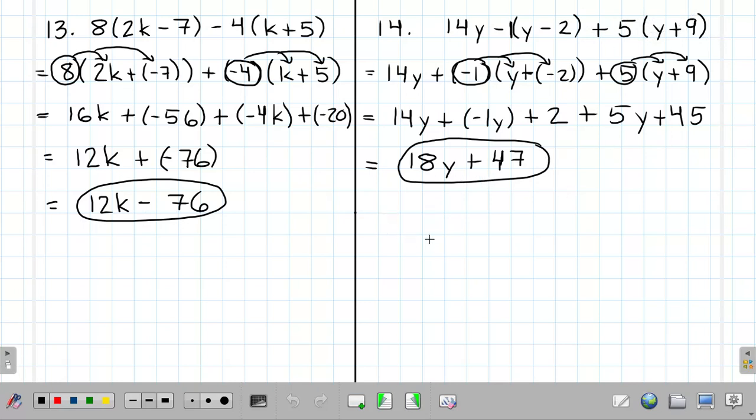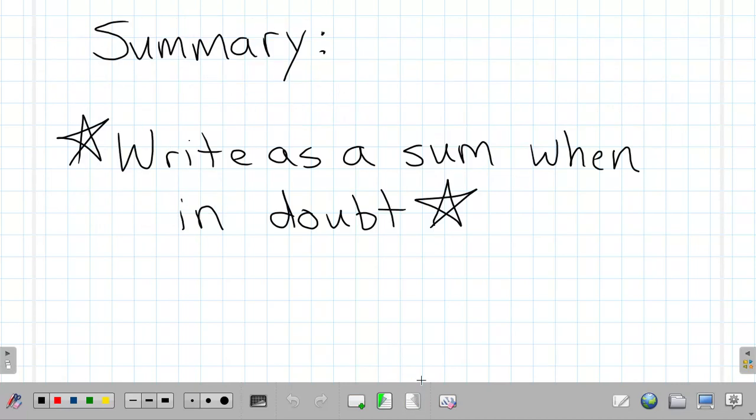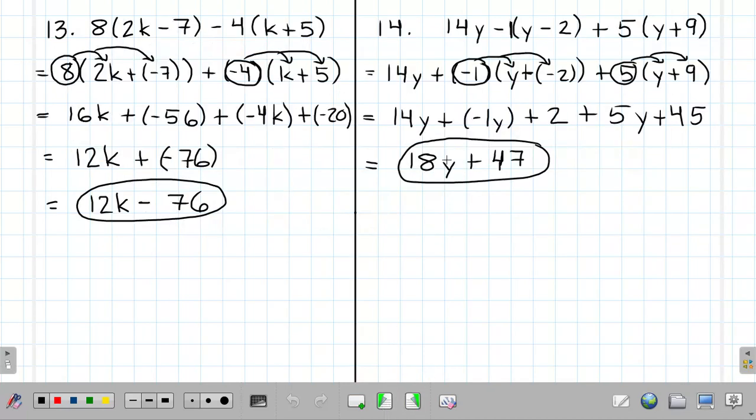So once again, that's the whole point in this: to take something that's really complicated and get it down into something more manageable and easier to deal with, especially when it comes to solving equations, as you'll see in the next little bit.